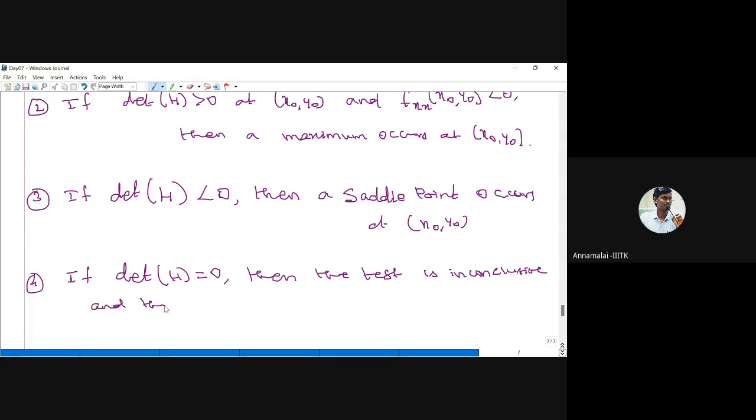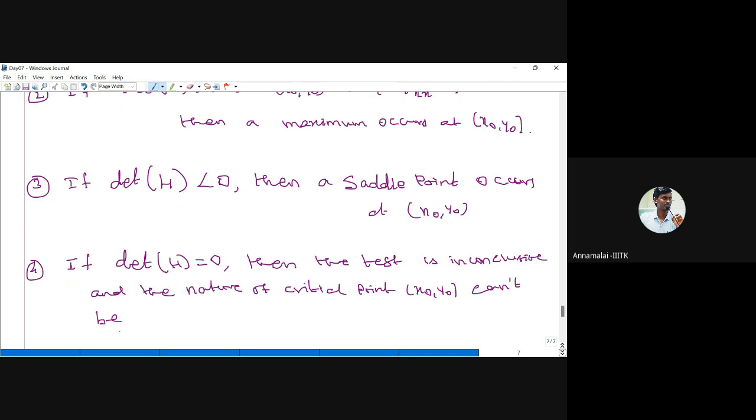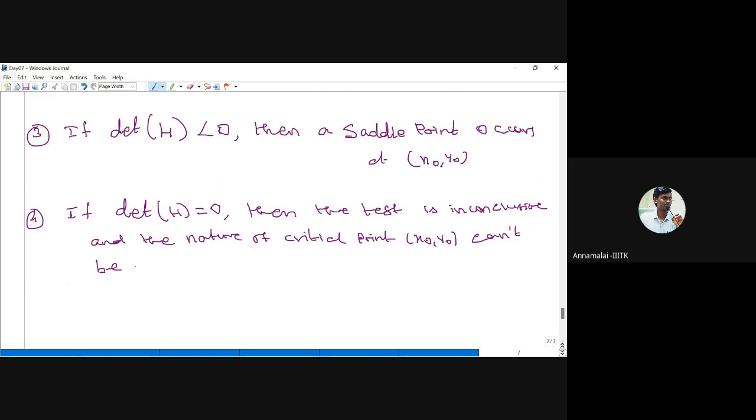The nature of the critical point x naught comma y naught cannot be determined from the second derivatives.